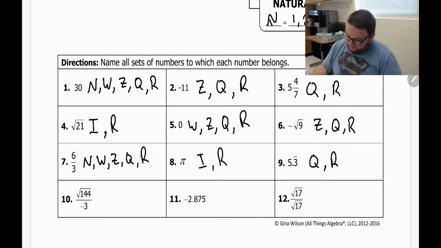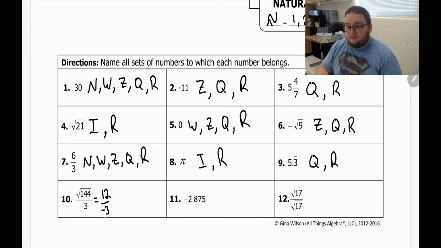Now we're going to start getting into a little bit trickier ones. So if we look at number 10, we have the square root of 144 divided by -3. Well, that can simplify a little bit because the square root of 144 is a whole number. So we can say that the square root of 144 is 12, and we're dividing that by -3.